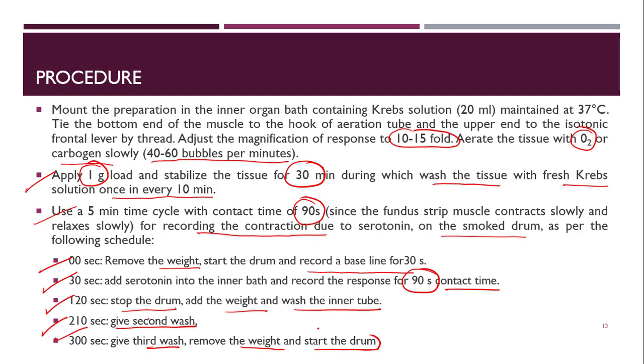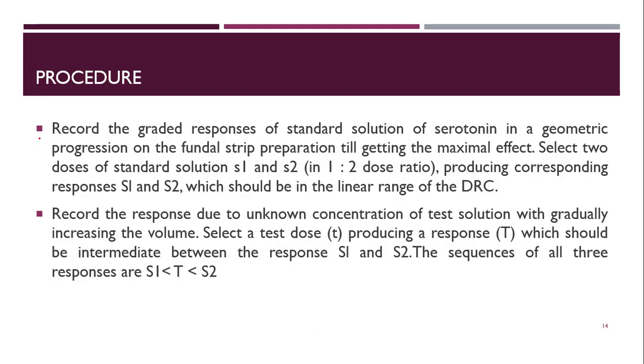We have to record the graded response of the standard solution of serotonin in geometric progression on the fundal strip preparation till getting the maximal effect. So the DRC of standard we have to complete first. Then we have to select 2 doses of the standard solution as S1 and S2, that is a 1:2 dose ratio, producing corresponding responses, capital S1 and capital S2, which should be in the linear range of the DRC.